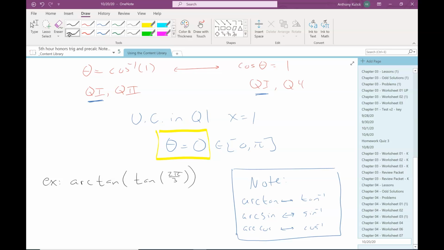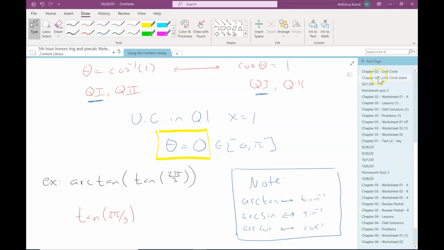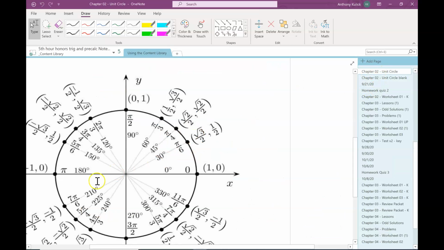So we'll approach this problem the same way we did before. We're going to start with the inside. So I'm going to go to the unit circle and figure out what the value for tangent of 2 pi over 3 is. So 2 pi over 3 is here. So I have y over x.